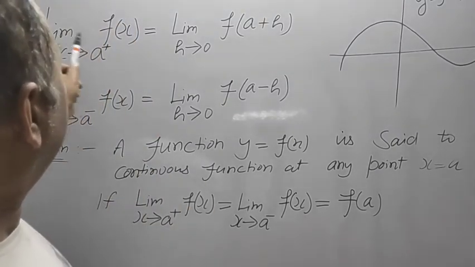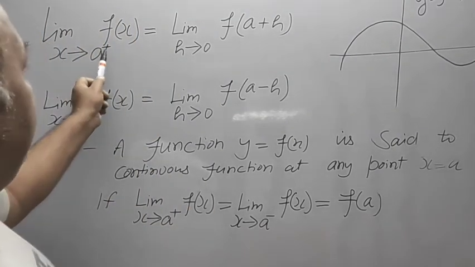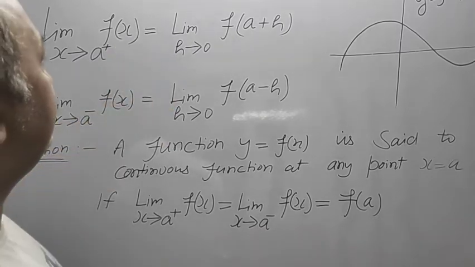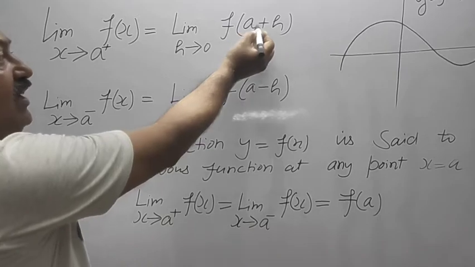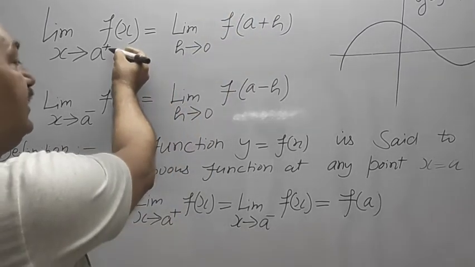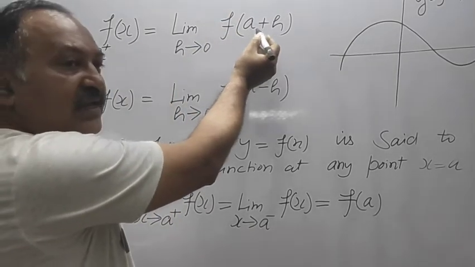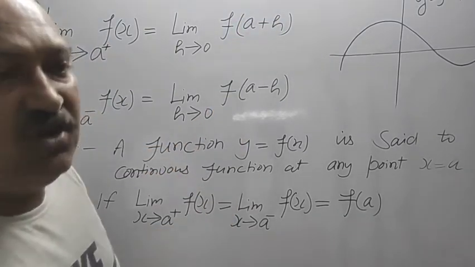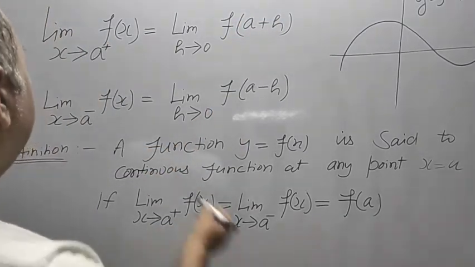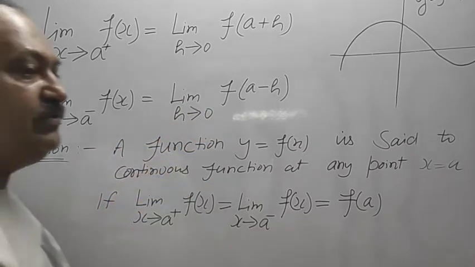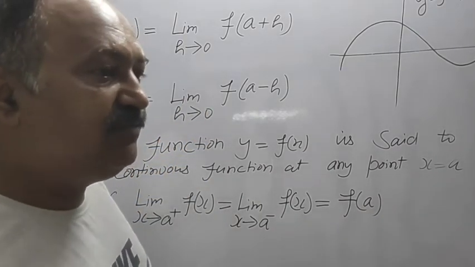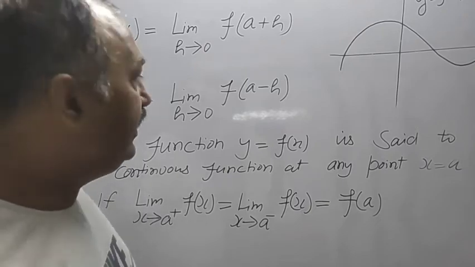So right limit, limit of x approaches to a plus f of x is equal to limit of h approaches to 0 f of a plus h. If right limit is here, then you have to write a plus h in place of x. And if it is left limit, then limit is same, h approaches to 0. h is a very, very small number, lies between 0 and 1.